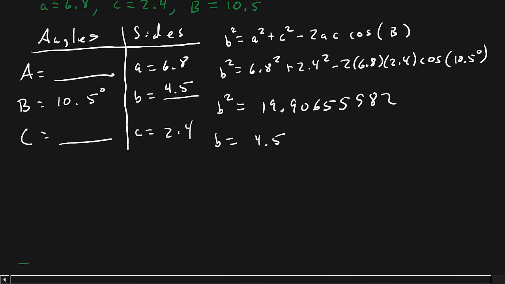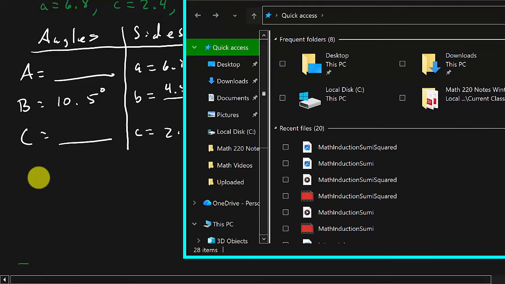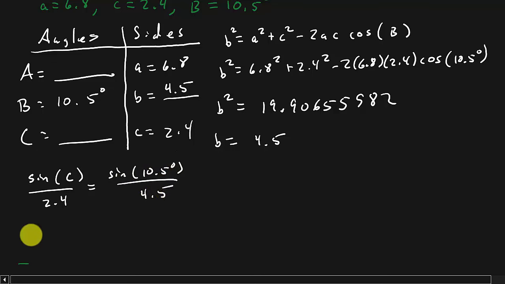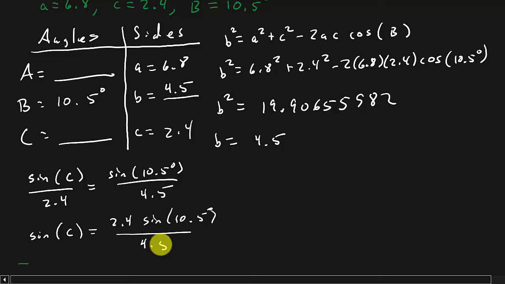And so that's going to be sine of C over 2.4 equals the sine of 10.5 over 4.5. So we get sine C is equal to 2.4 times sine of 10.5 over 4.5.